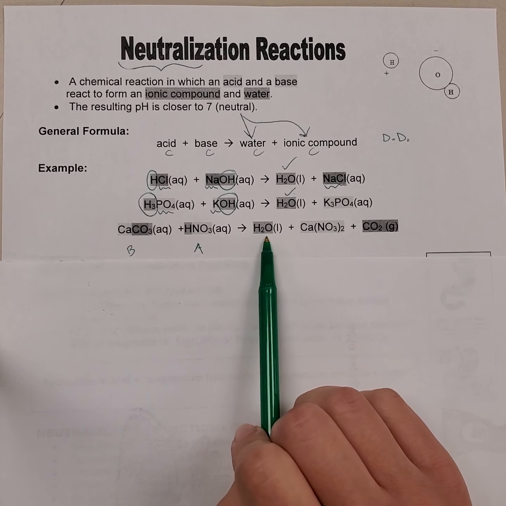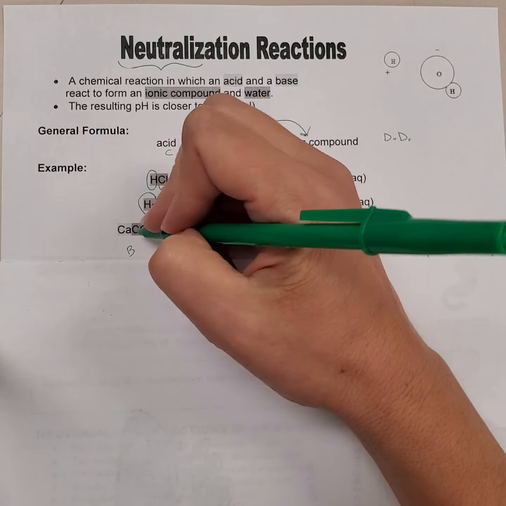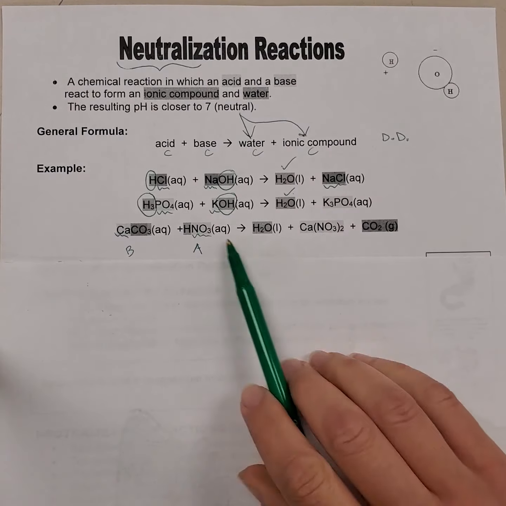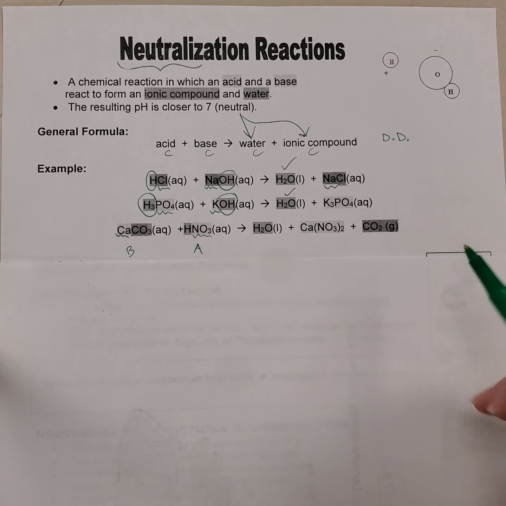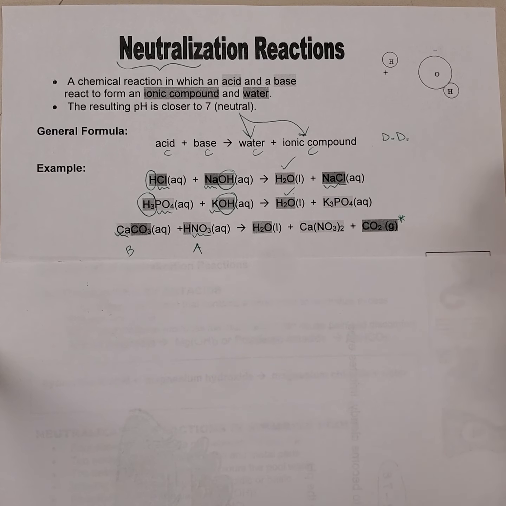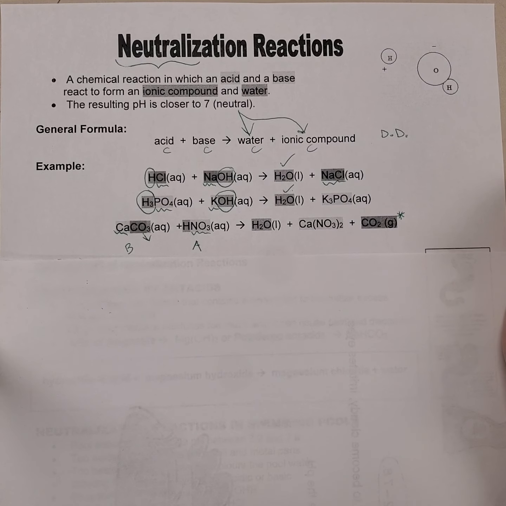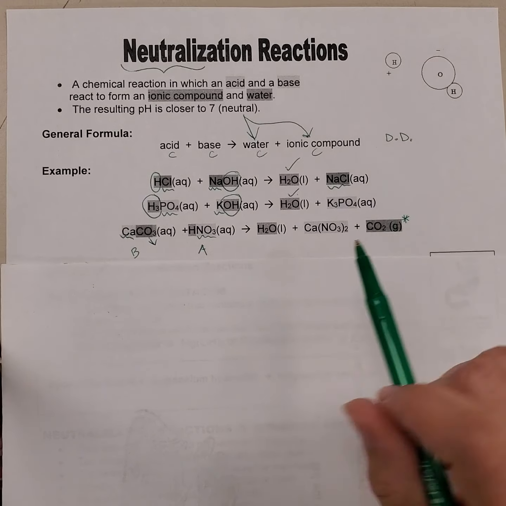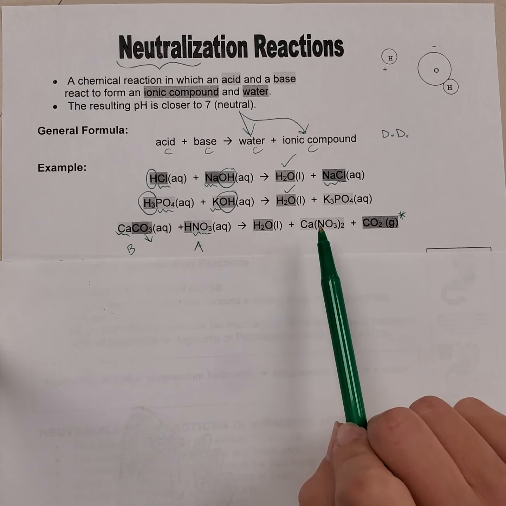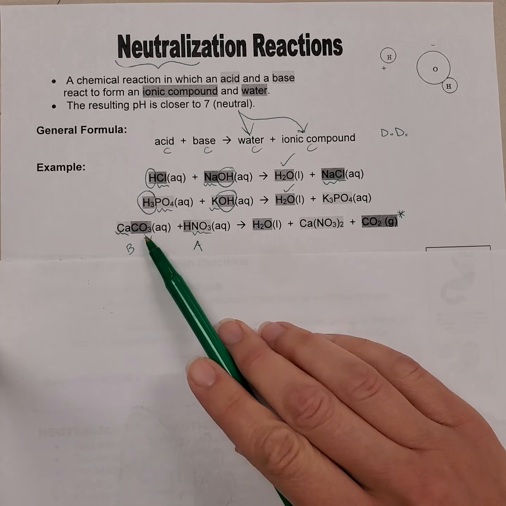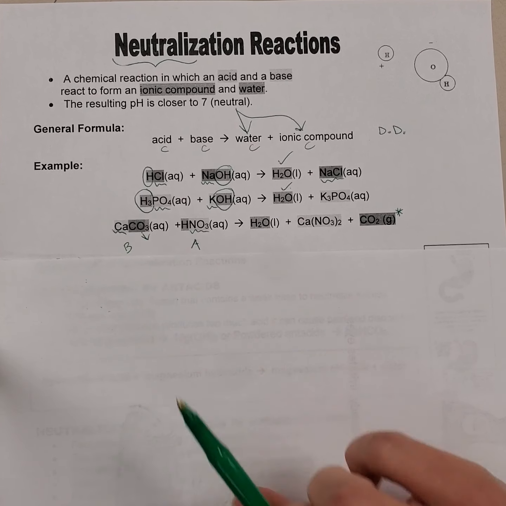So water is definitely going to be formed. The calcium and the nitrate are going to form my ionic compound, and then my brand new product is carbon dioxide, and the carbon dioxide comes from the carbonate that's in the base. So you're still making water, you're still making an ionic compound, but this time you're also making carbon dioxide because of the presence of this carbonate.